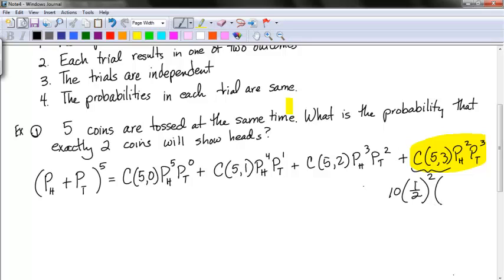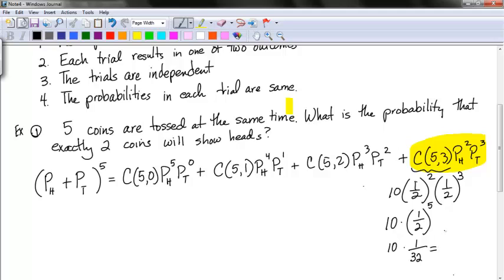Probability of tails, 1/2 to the third power. Now, these two are the same. 1/2 is the base on both of them. So that's actually like 1/2 to the, when you multiply those, what do you do with the exponents? Add them, so that'd be like to the 5th. So this would be 10 times 1 to the 5th, and 2 to the 5th is 32.